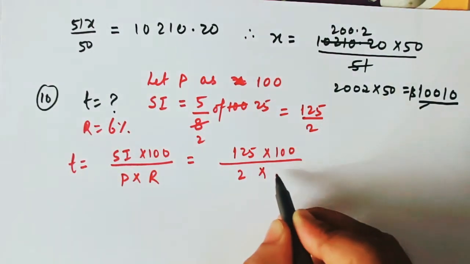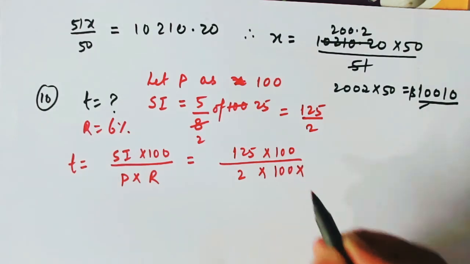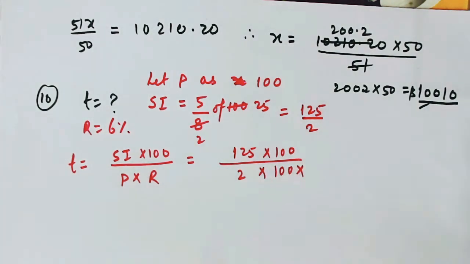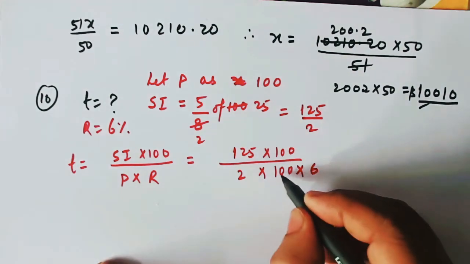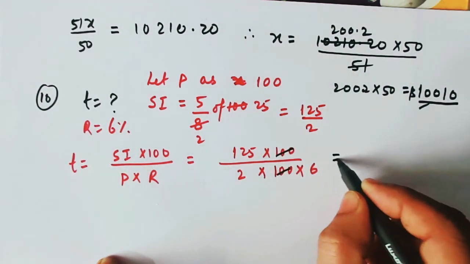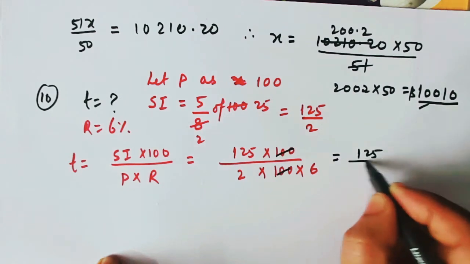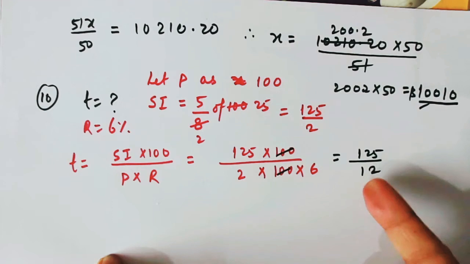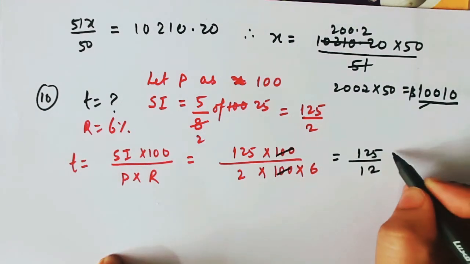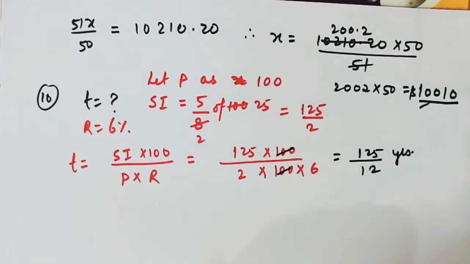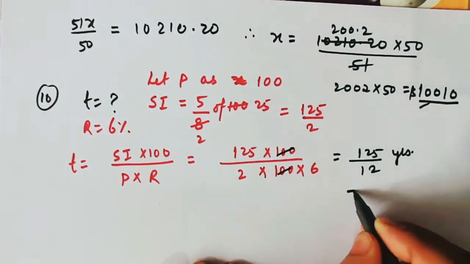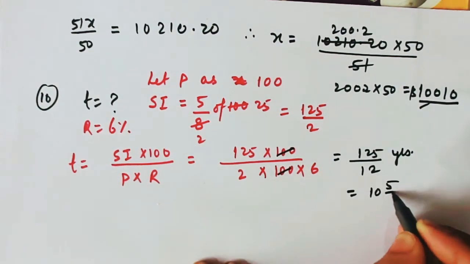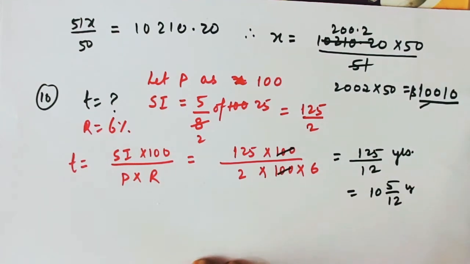P is 100. R is 6%. So let us calculate. What will you get? You will get 125 by 12 years. Now the drama starts over here. 125 by 12 is equal to 10 5 by 12 years.